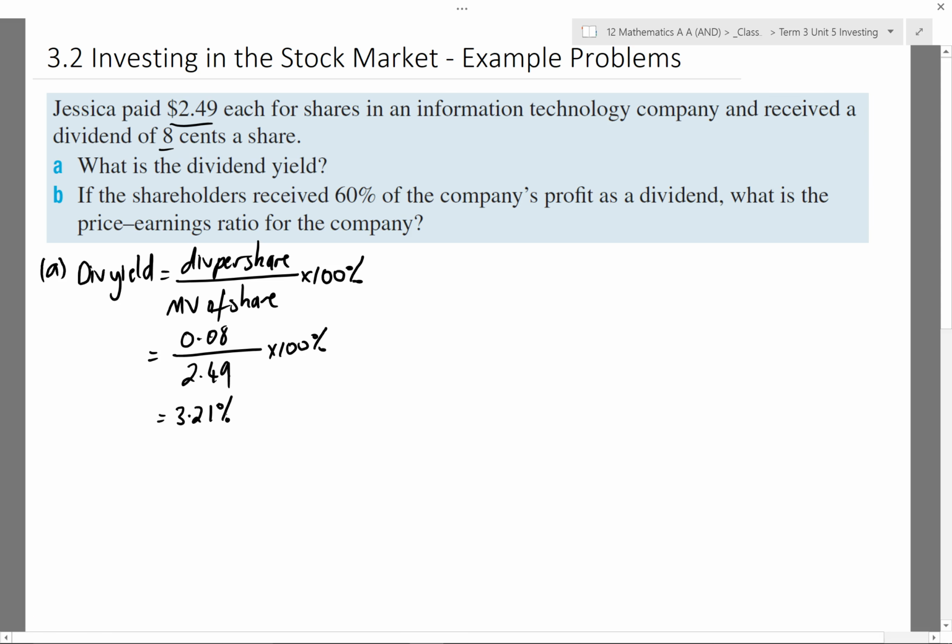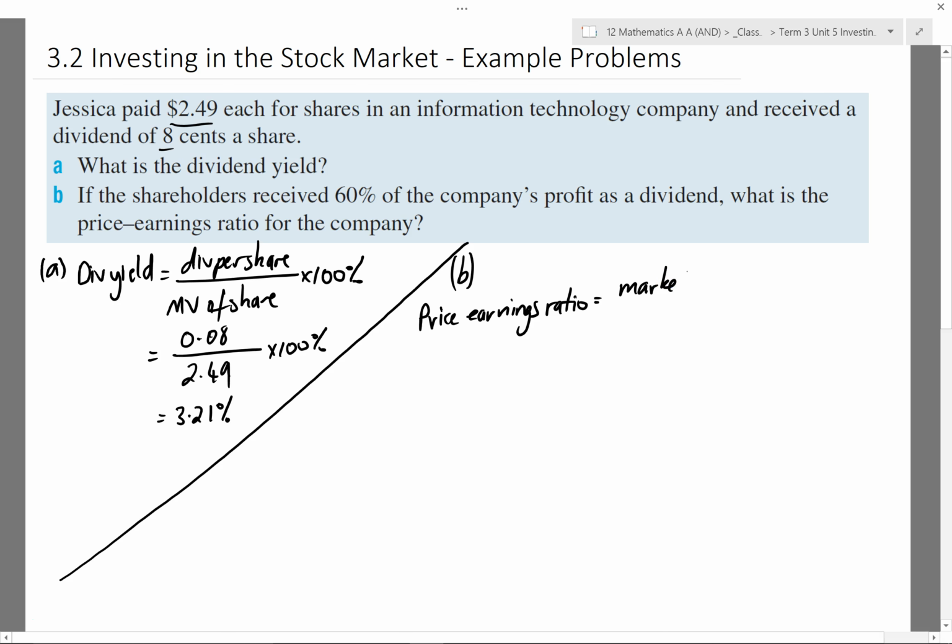So part A was reasonably straightforward. Part B might be a bit more interesting. If the shareholders receive 60% of the company's profit as a dividend, what is the price-earnings ratio of the company? I'll write my formula for price-earnings ratio. The market value divided by the earnings per share.